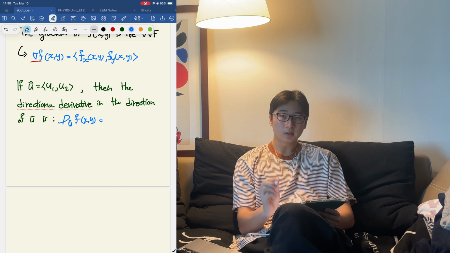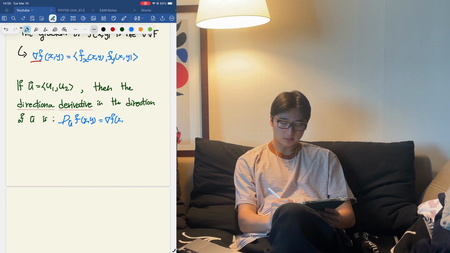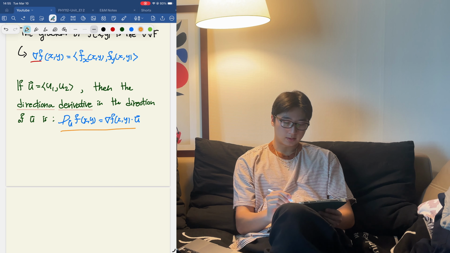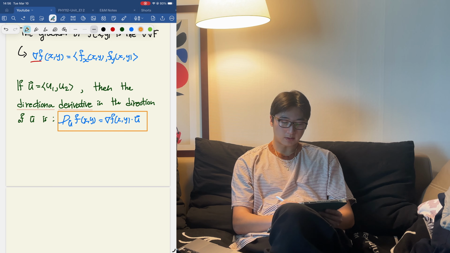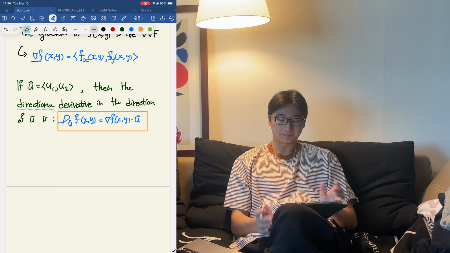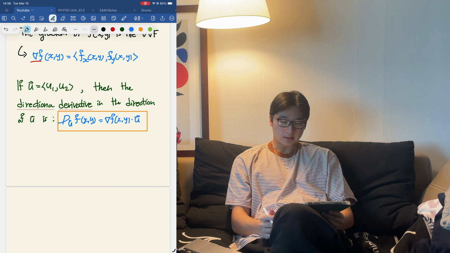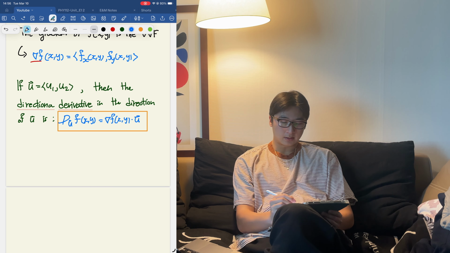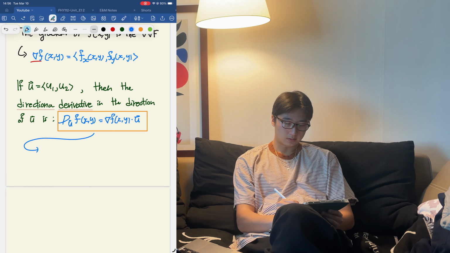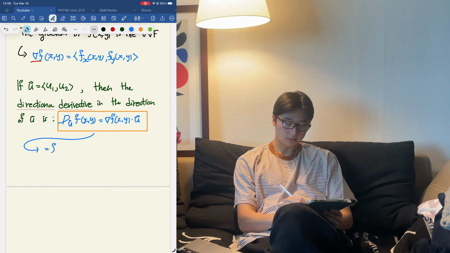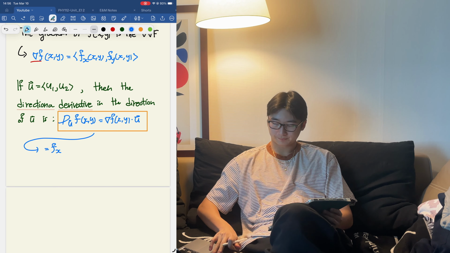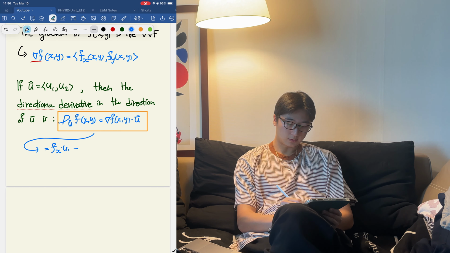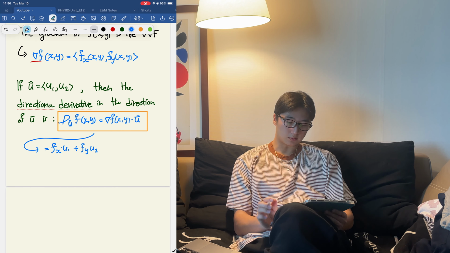And this is equal to the gradient dot product with the unit vector. This is the directional derivative formula. We can rewrite this in expanded form, which is just partial x times u1 plus partial y times u2.